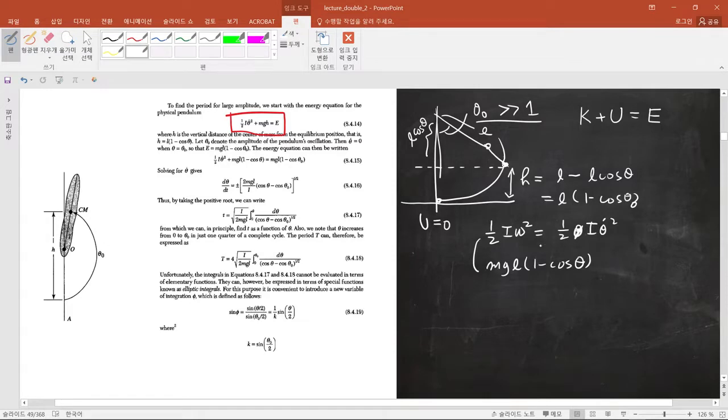That added up should equal mgl times 1 minus cosine theta 0, which is the original energy. And we are considering the case where theta 0 is no longer small. So you have this equation: 1/2 I theta dot squared plus mgl times 1 minus cosine theta is equal to mgl times 1 minus cosine theta 0.